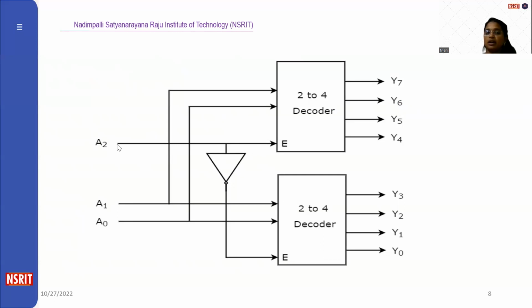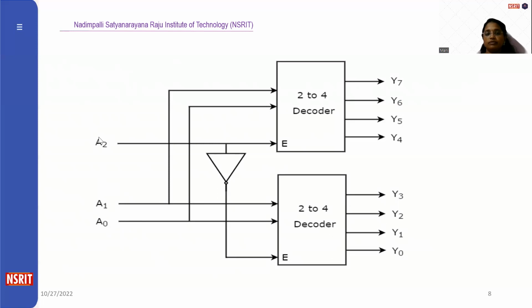For the upper decoder, it is applied directly. For the lower decoder, it has to be applied through an inverter. Like this we'll get a 3 to 8 decoder.